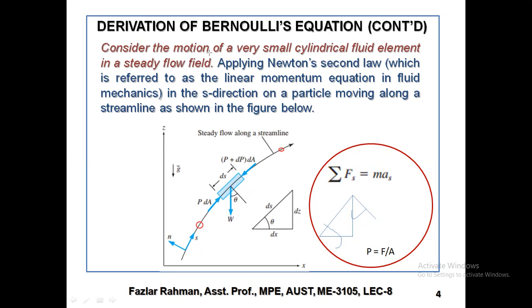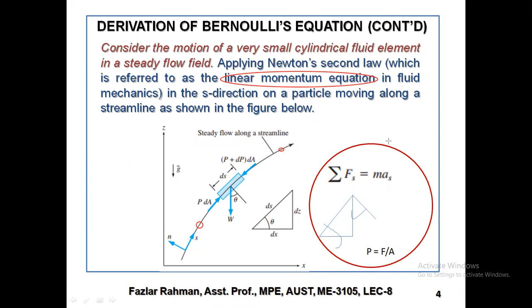So consider motion of a very small cylindrical fluid element in a steady flow field. That means velocity is not changing with respect to time, right? Applying Newton's second law, which is referred to as the linear momentum equation in fluid mechanics, in the S direction on a fluid particle moving along a streamline is shown in the figure below.